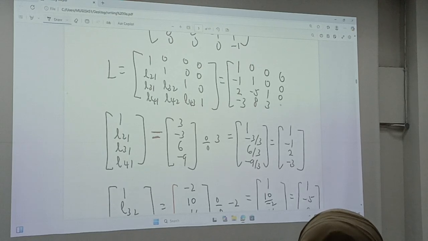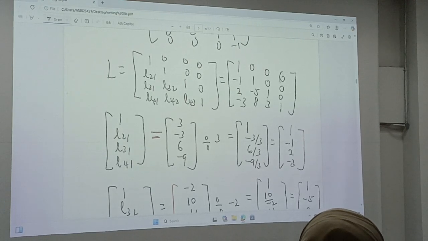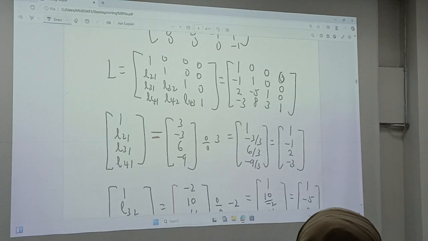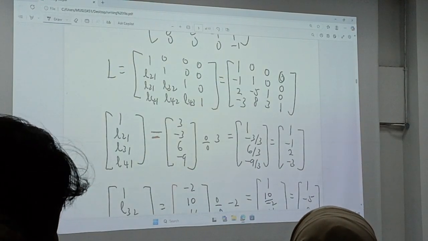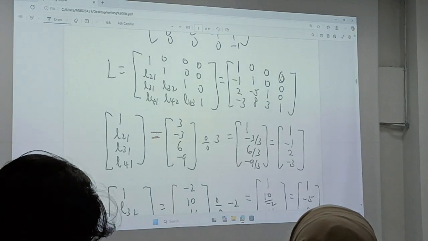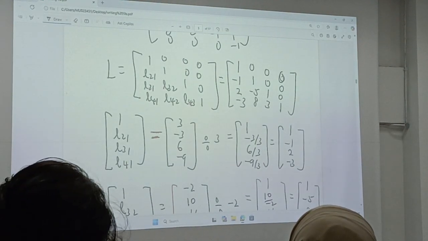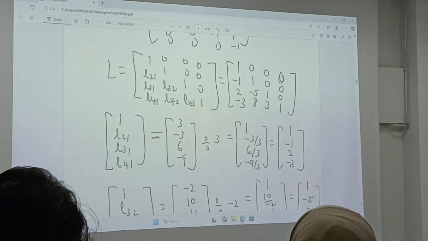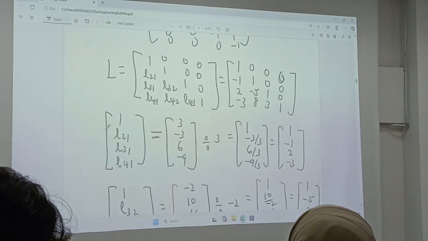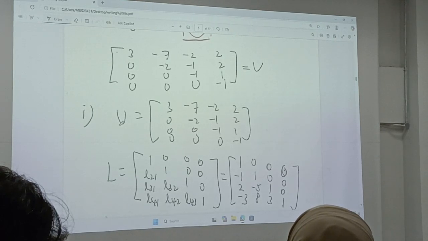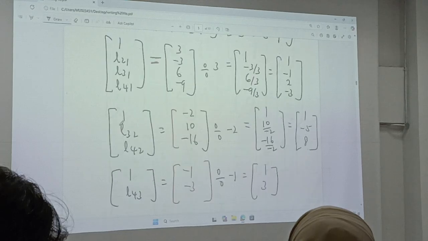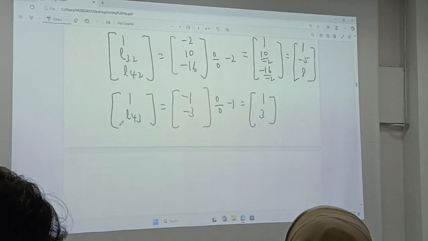So this is L. Complete the matrix L. Fill out all the values and we continue. So basically this is step number 1 only.